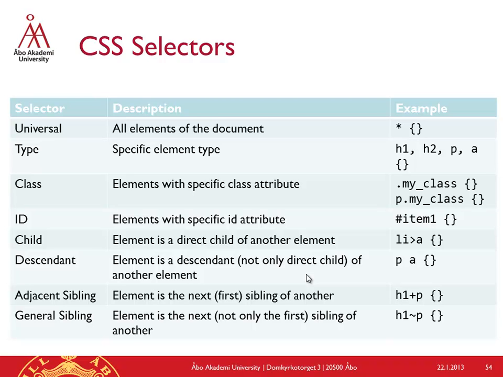This will be for all elements with the class attribute specified to the value myClass, and this one will be attached to all P paragraph elements where the class attribute is specified to the value myClass.